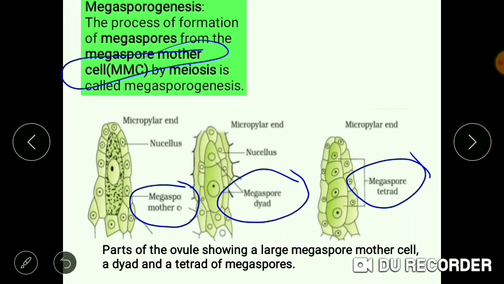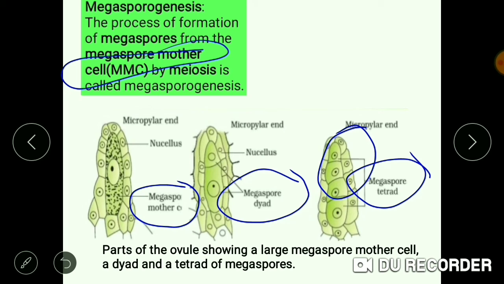So we get 4 cells by the end of meiosis from megaspore mother cell. Out of these 4 megaspores, 3 degenerate and only 1 remains functional.